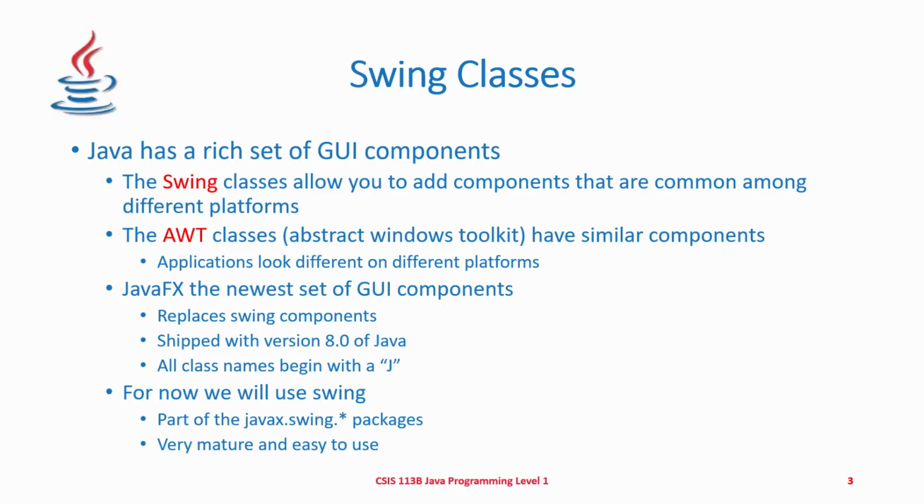So there are a couple of classes that we need to have imported here to give us the ability to create GUI components within our Java program, and that is the Swing class and the AWT class, or the Abstract Windows Toolkit. The main thing that you want to know is that with the AWT, which is a prior class, a class that was used previous to the Java FX class that's now become more popular, and you'll learn more about that in the Level 2 class, is that all the components that we utilize from AWT, they look different on different platforms.